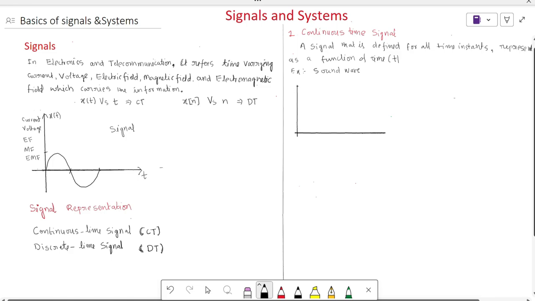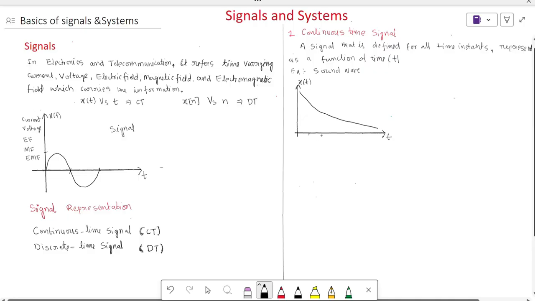Here I am taking one exponential decay signal. On the x-axis is time. You should remember, in continuous time, the time must be denoted by the small t. On the y-axis this is x of t. Here I am taking an exponential decay signal, which decays with respect to time.